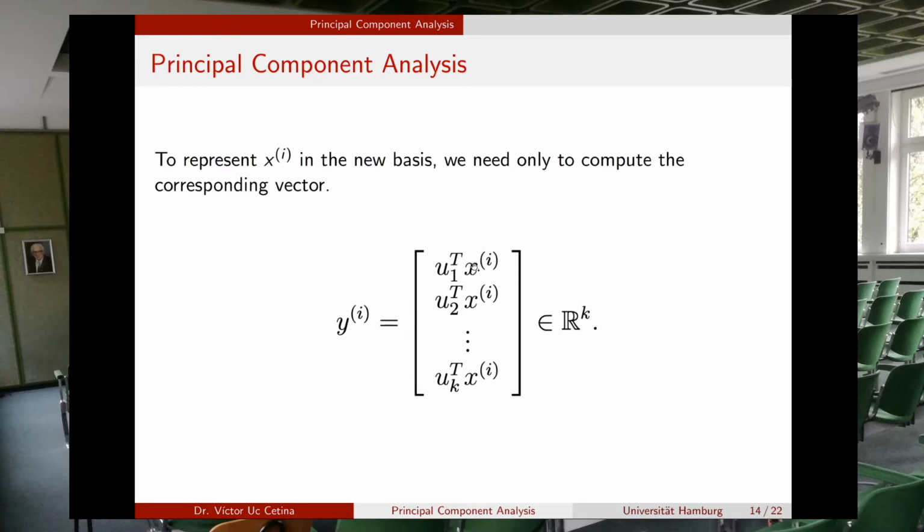All you need to do is to multiply on the left by the vector that you want to use to transform the data set. And by computing this product, you will get another vector, and this vector will already be in the new reduced dimension.